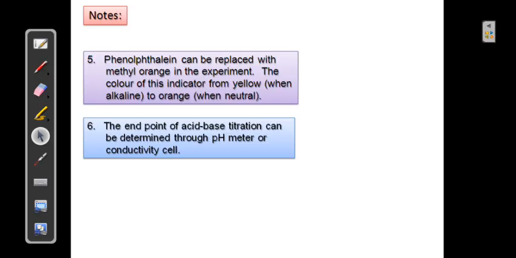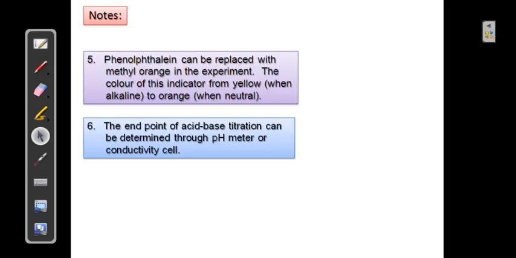When ions are moving, electric current will flow. The moment the ions stop moving, meaning there are no more ions in the solution, it means the solution is already neutralized and the pH is 7, right?